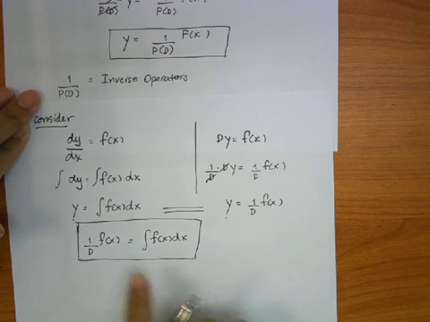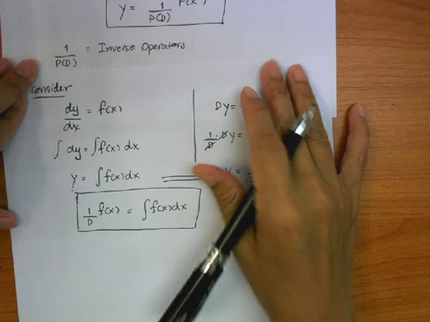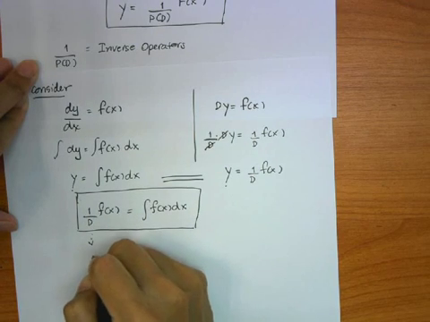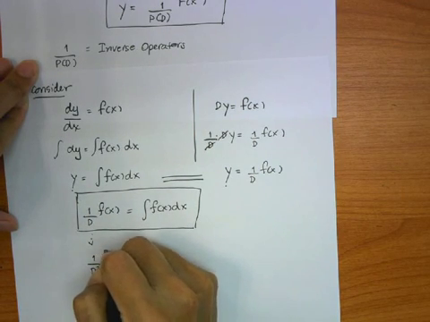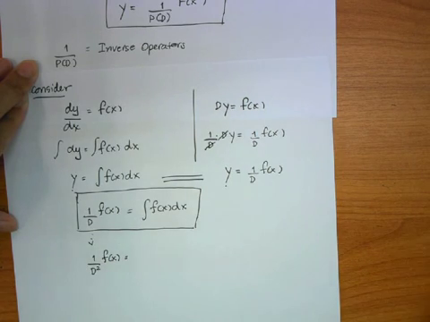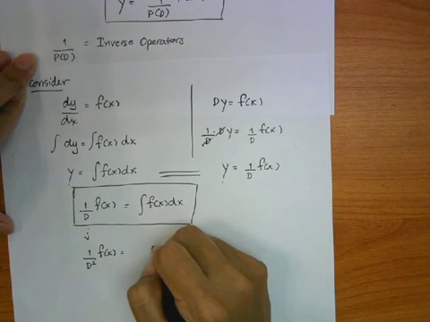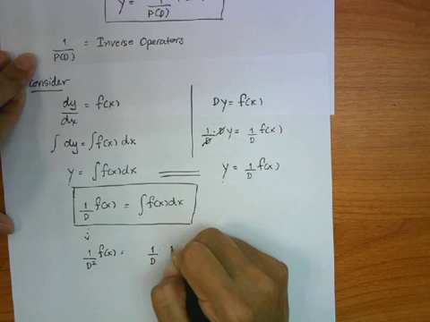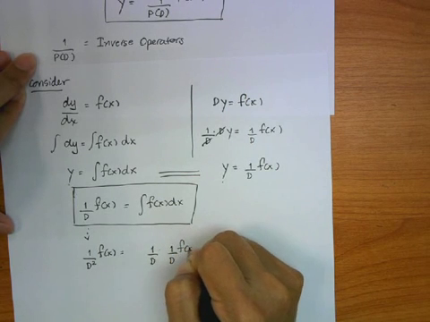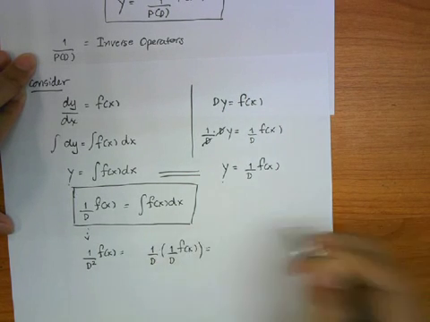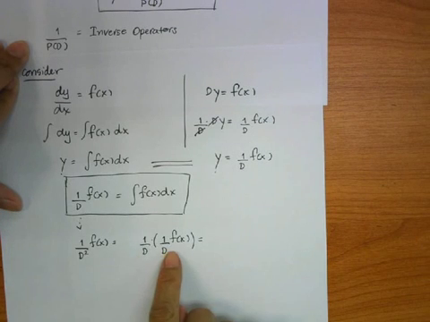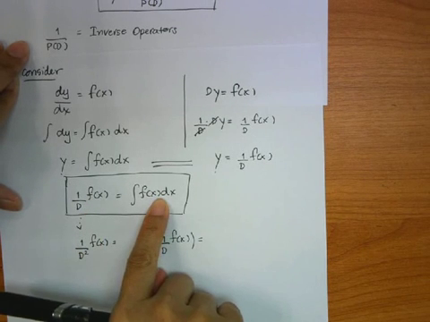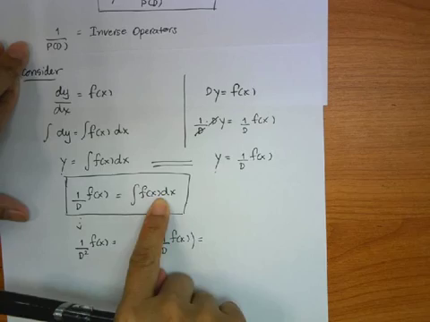We are going to extend this. 1 over D squared f(x) is equal to 1 over D times 1 over D f(x). And 1 over D f(x) is equal to the integral of f(x) dx.